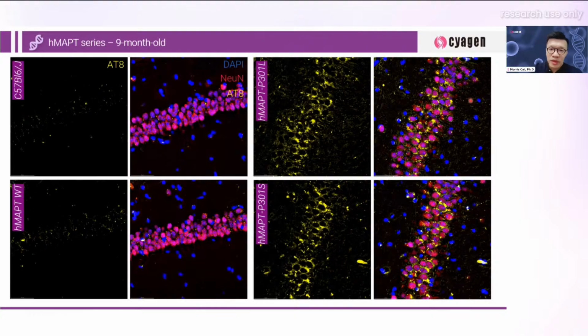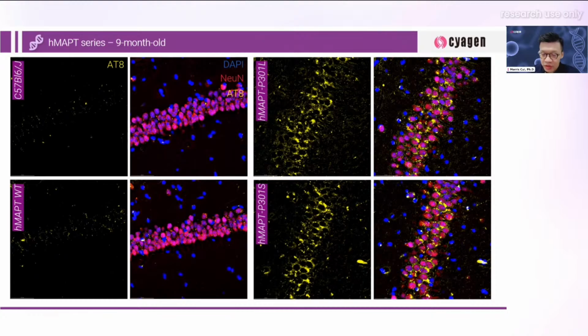In this P301L and P301S, the neurons from the hippocampal region become more disorganized and more differentially shaped, some enlarged, some shrunken. That means an extremely unhealthy state of those neurons, which usually leads to neuronal loss.